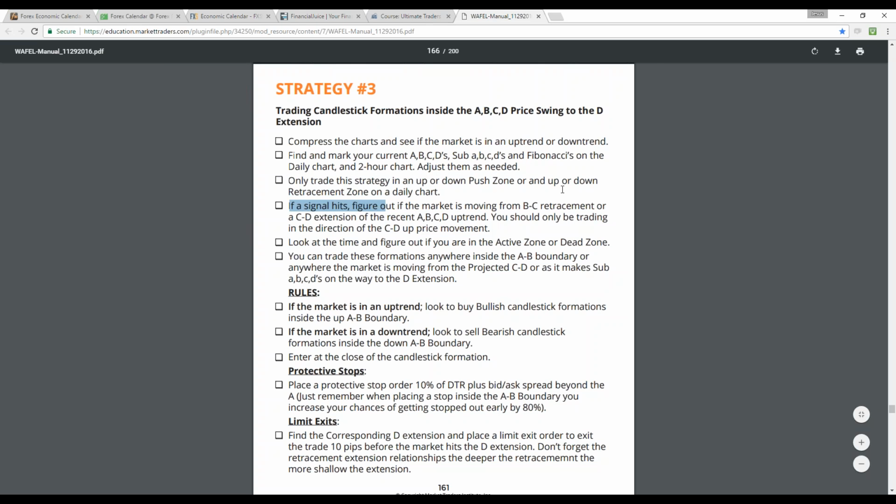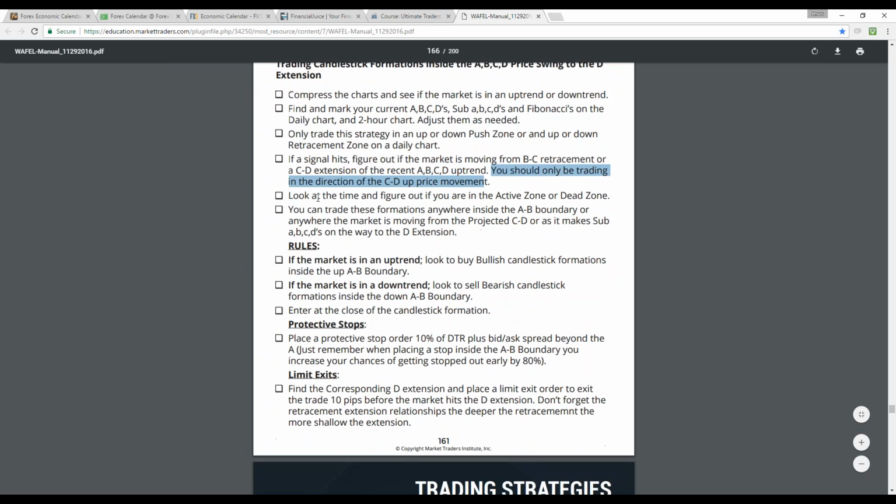When a signal hits, determine whether you are in a pullback or if you're in the B to C retracement move or the C to D extension of the recent or current ABCD swing. You should only be looking to trade this in the C to D price move.